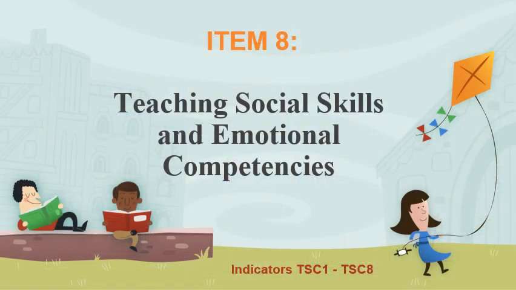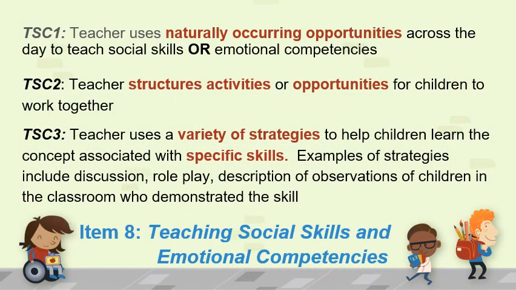Item 8, teaching social skills and emotional competencies, has 8 indicators ranging from TSC1 to TSC8. The first few indicators under item 8 are TSC1.